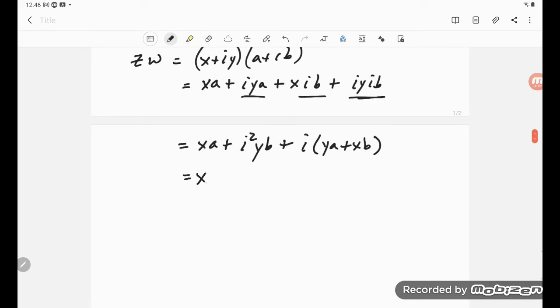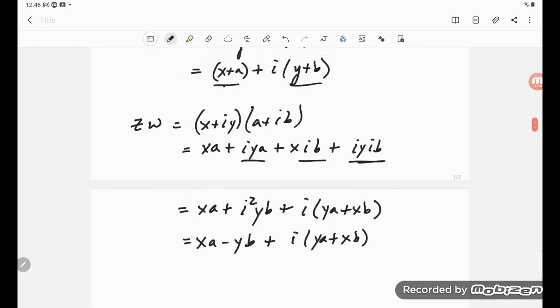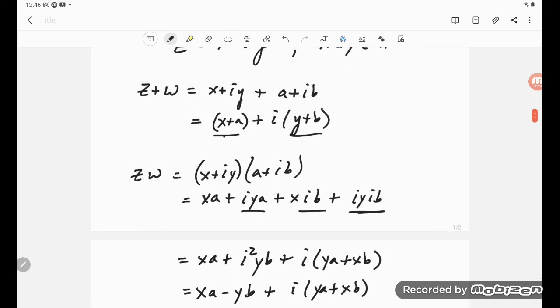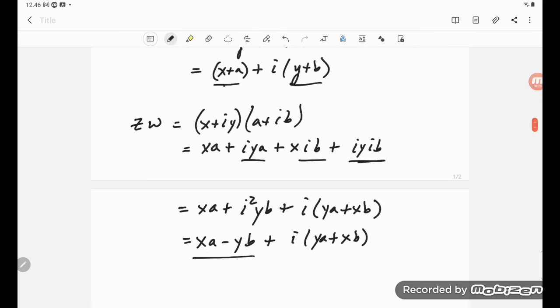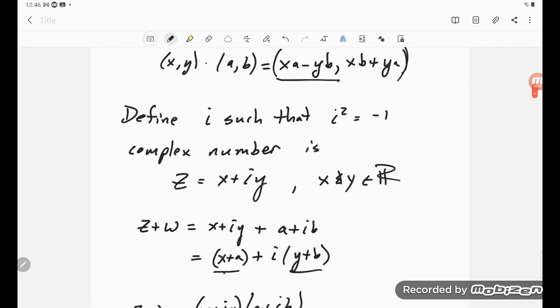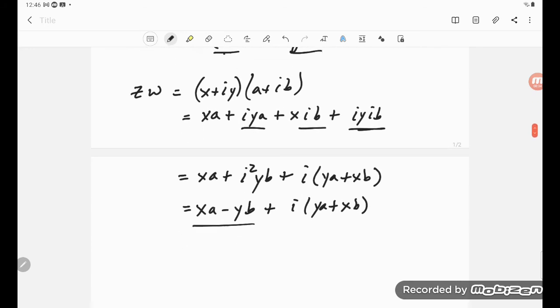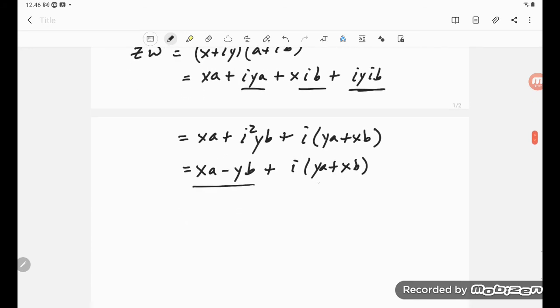And so this is xa minus yb, and then plus i times ya plus xb. And so you see, if we go back to our ordered pair definition of multiplication, there's the xa minus yb. That's what we have here. And then we have the xb plus ya. I guess I wrote that in the opposite order, but same thing.